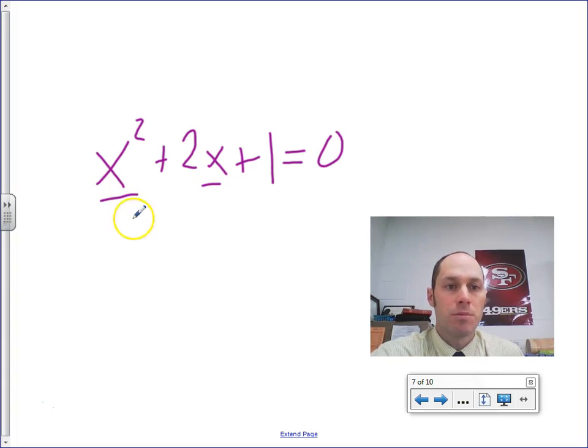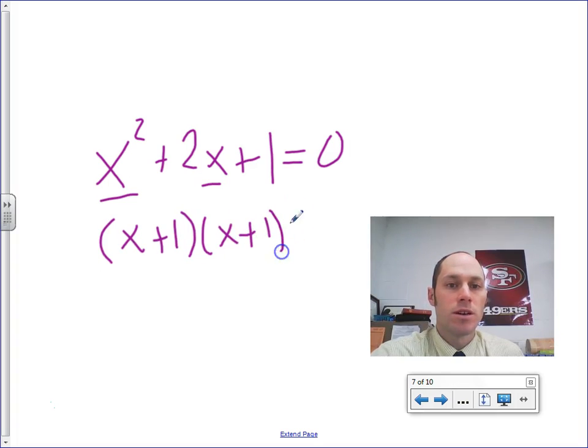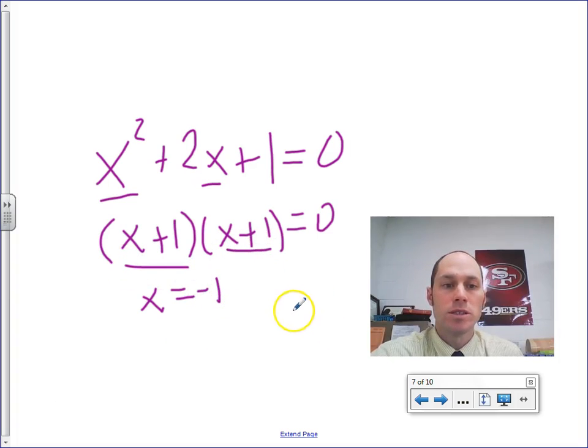So I had to split that up by factoring. And so I said, oh, it's x plus 1 times x plus 1 equals 0. And so x was either -1 or -1. So it's a double root. So factoring is the more efficient method in that one.